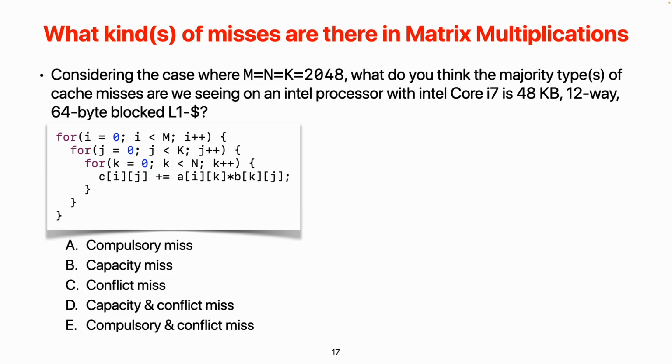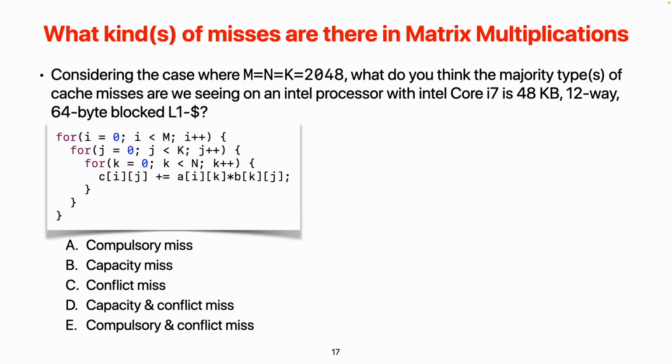For this, in general, since we are traversing arrays, compulsory misses only occur at the very beginning.